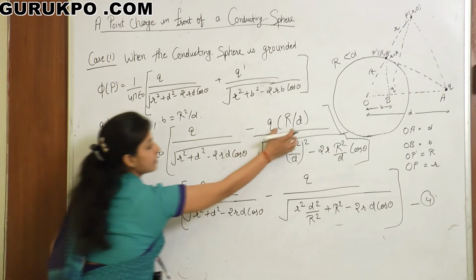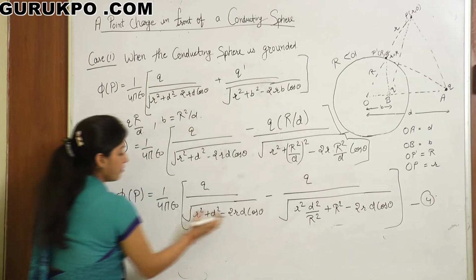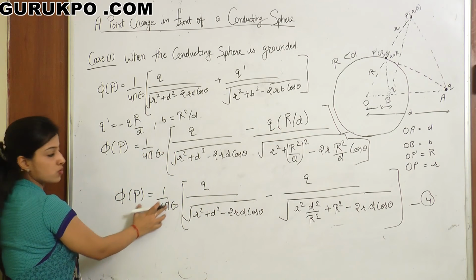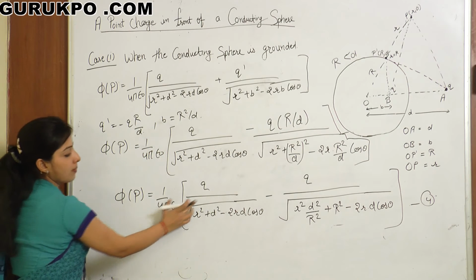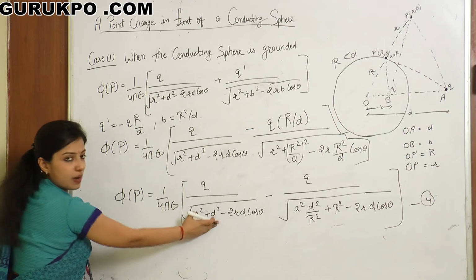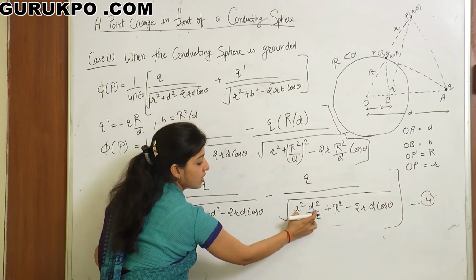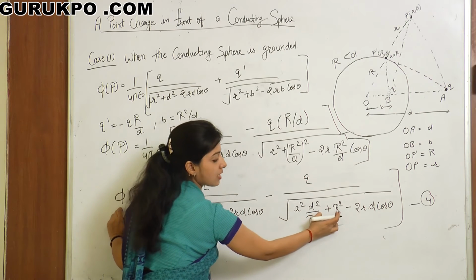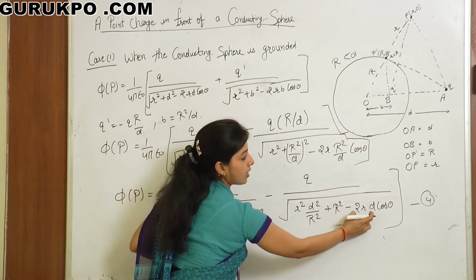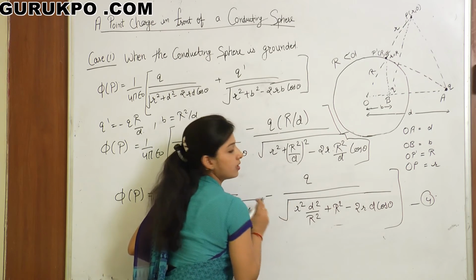Now taking this part with this part, we get φ_P equals 1/(4πε₀) into Q upon this part minus Q/R into D² upon √(R² + R² − 2RD cos θ).